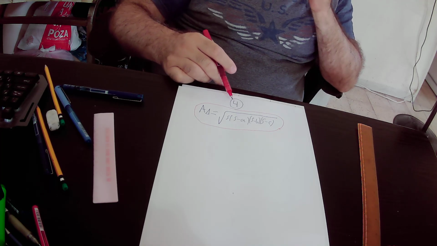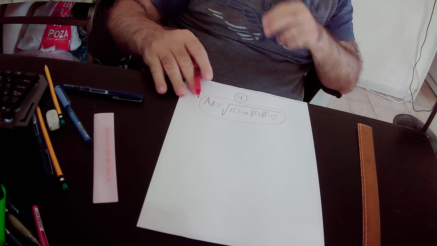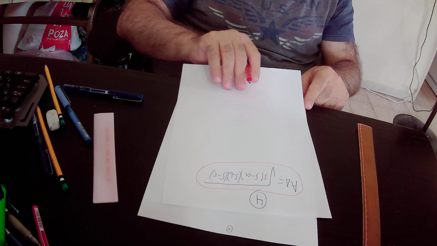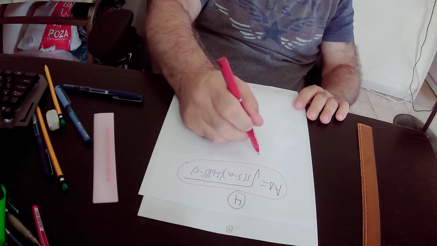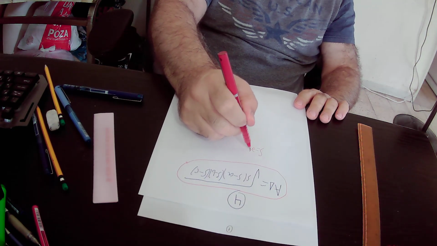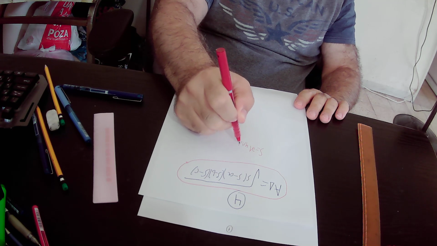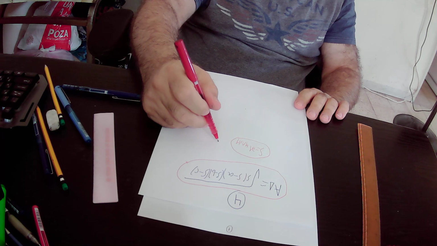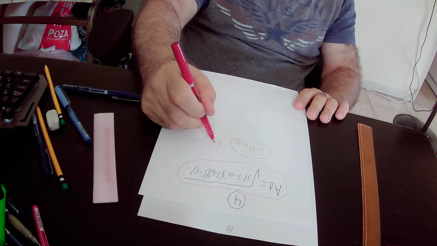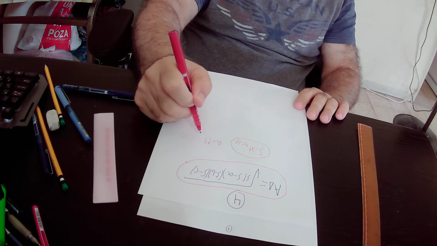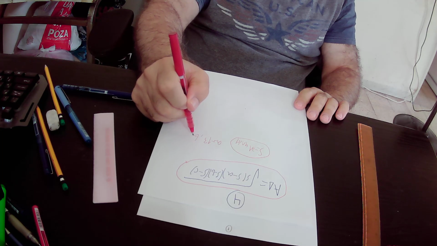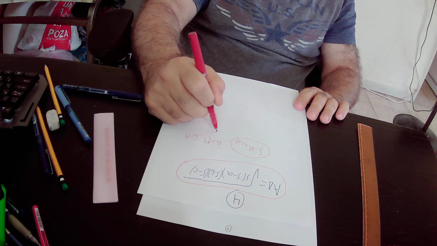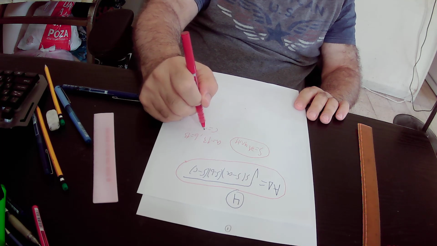We have already found out that the semi-perimeter of our triangle ABC equals 21 units, and we know that A equals 13 units, B equals 15 units, and C equals 14 units.